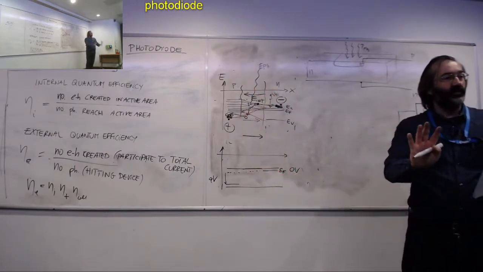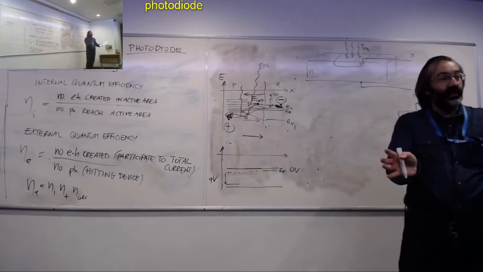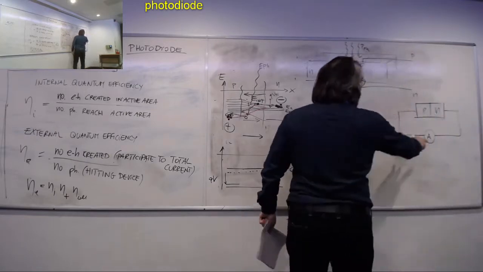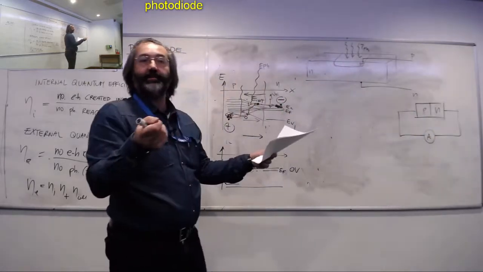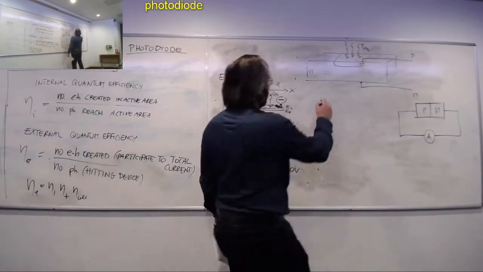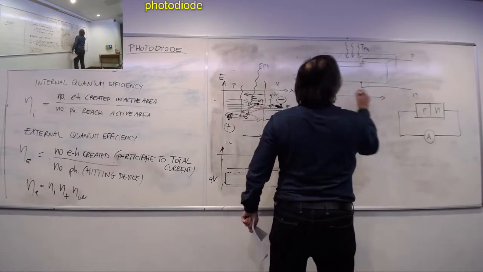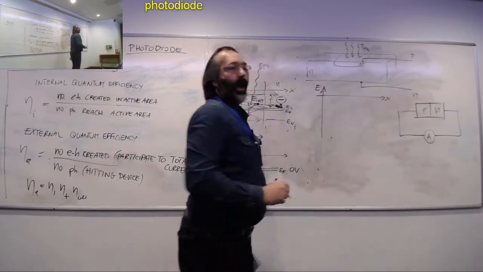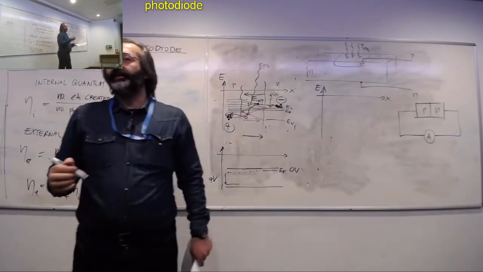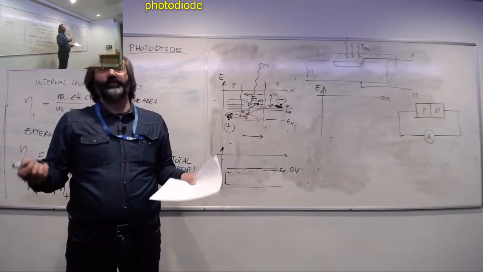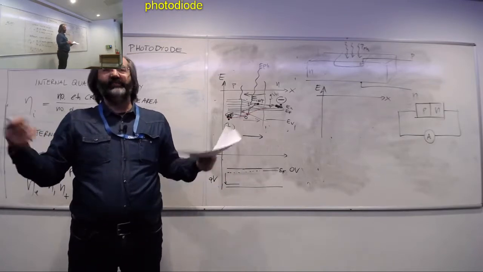The junction is there, initially in thermodynamic equilibrium, and we start shining light. Because of the short between the two ends, let me draw now the energy diagram. There is a short between the P side and the N side. Short electrically means same voltage.